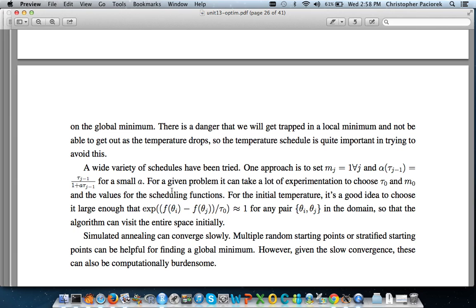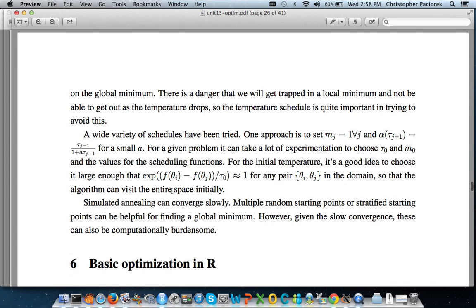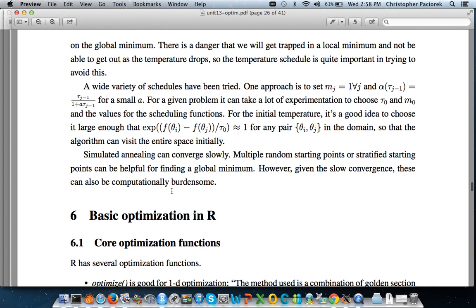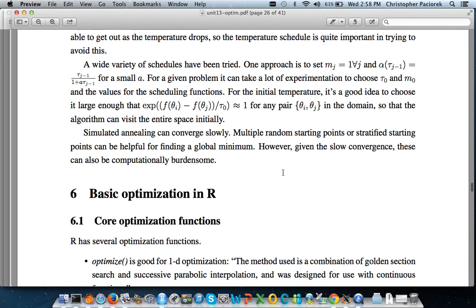How fast do I transition from this to this to this, et cetera. Okay. It can still be helpful to have multiple starting values, like in any of these kinds of problems. All right. Any questions or comments?